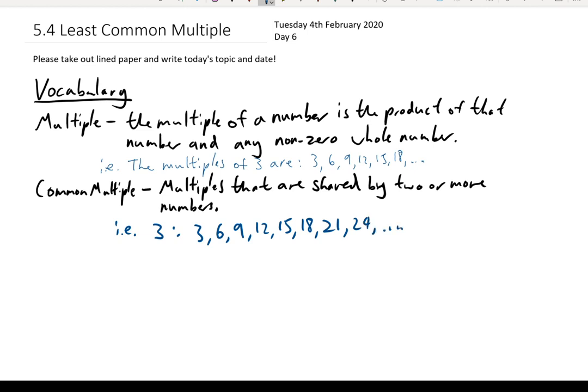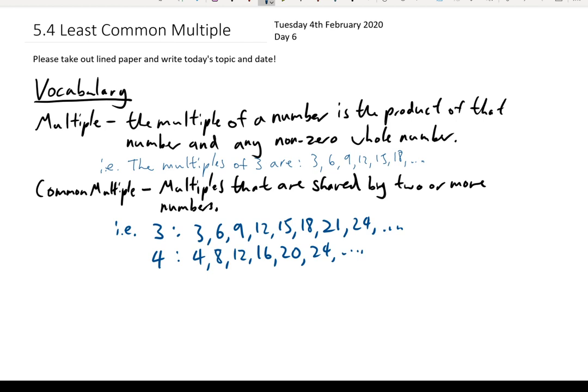It goes on. And then the multiples of 4 are going to be 4, 8, 12, 16, 20, 24, and it continues as well.